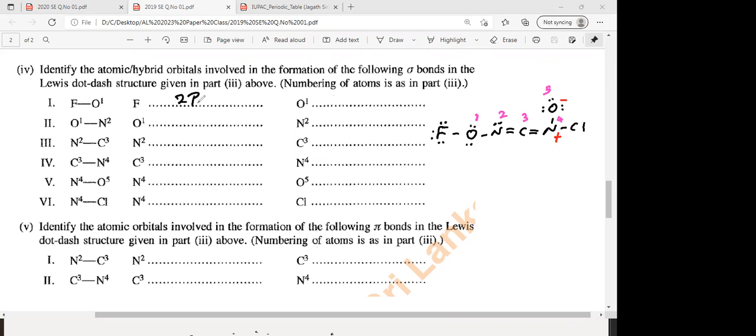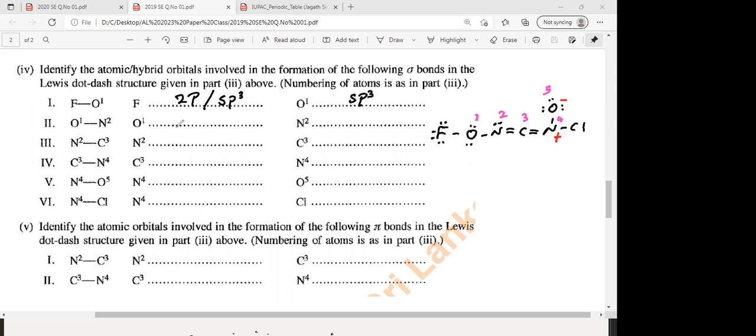So either sp2 or sp3, both are accepted. So if you take here 4 VSEPR pairs, then we take sp3. Or O1 also sp3. Why? Because there are 4 VSEPR pairs. That means sigma bonds plus lone pairs.